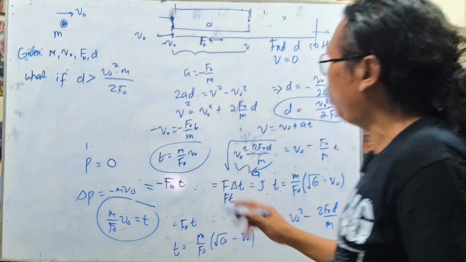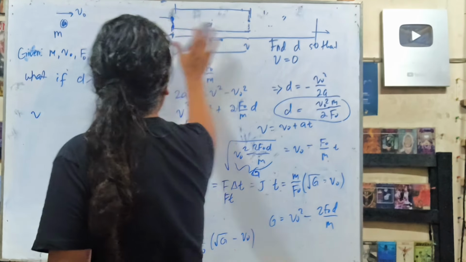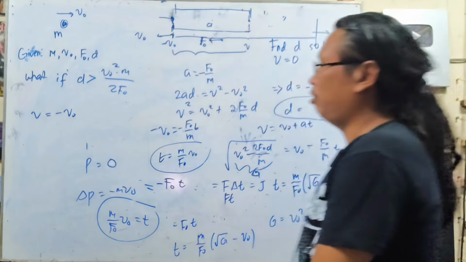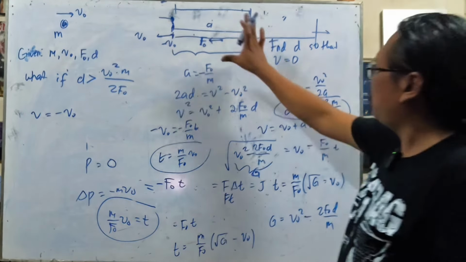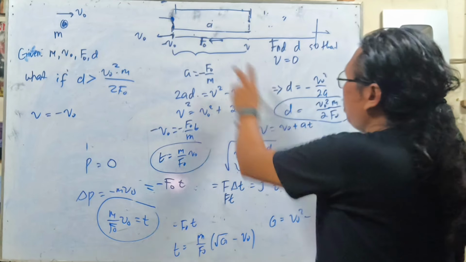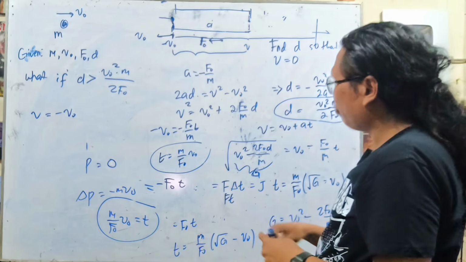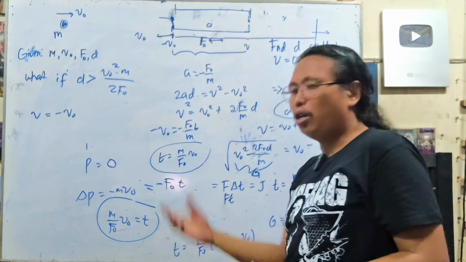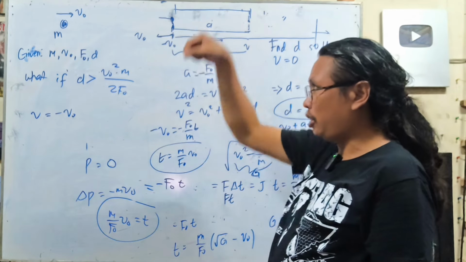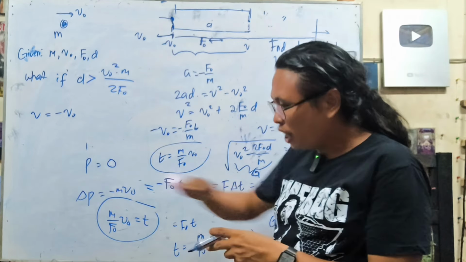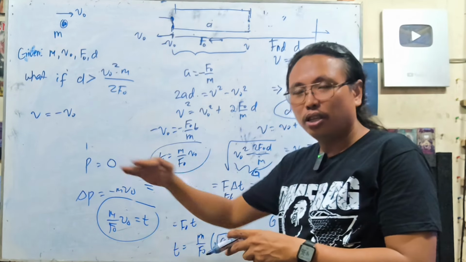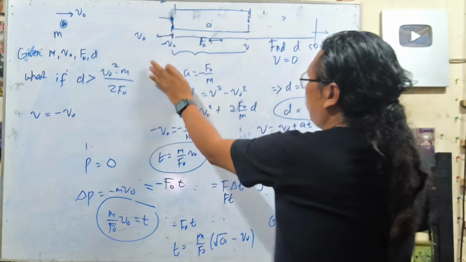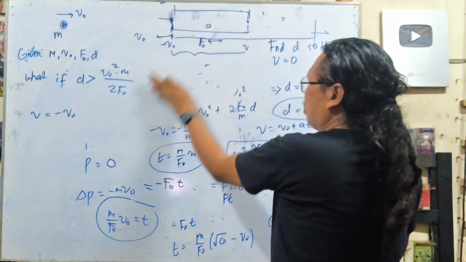We want to show that the final velocity, if this is the case, is equal to negative v naught. If the force region is more than this, meaning that the particle goes back, it's just the same as if you throw something and then it will go back. The velocity at any point is the same, I mean, the magnitude of the velocity, only in the opposite direction. But we will show that mathematically by using impulse.